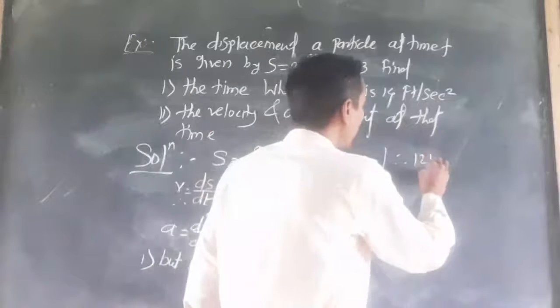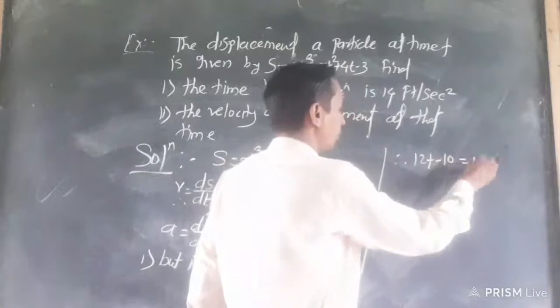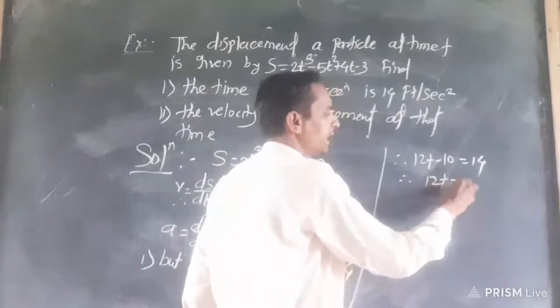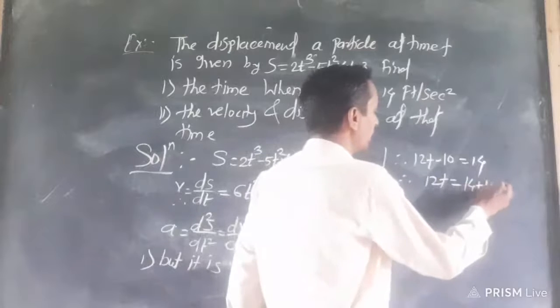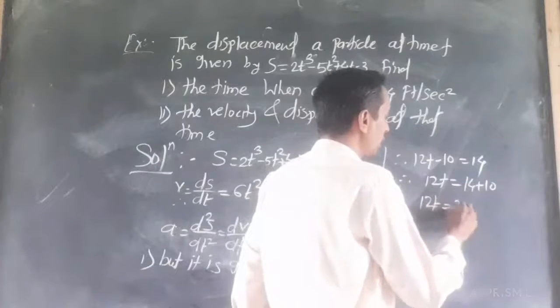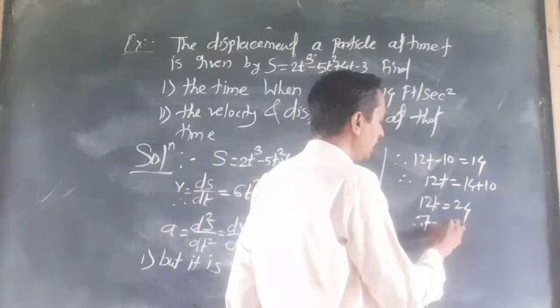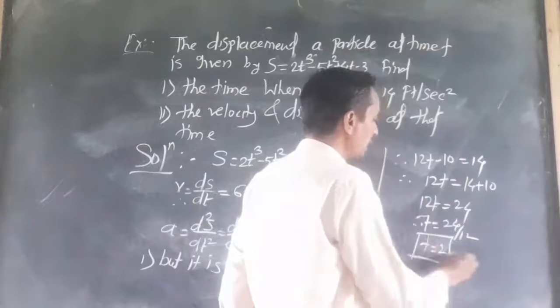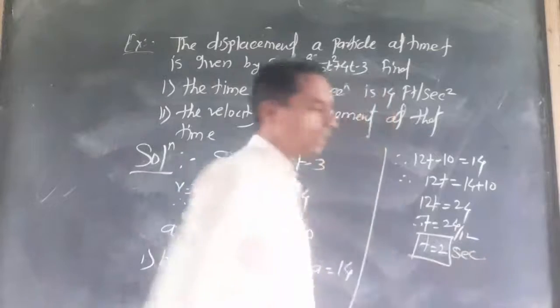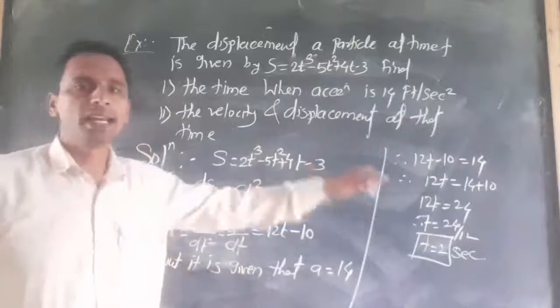Therefore 12t minus 10 is equal to 14. Do the simplification here. 12 into t is equal to 14 plus 10. 12 into t is equal to 24. Therefore t is equal to 24 upon 12. t is equal to 2 seconds. The time is 2 seconds.